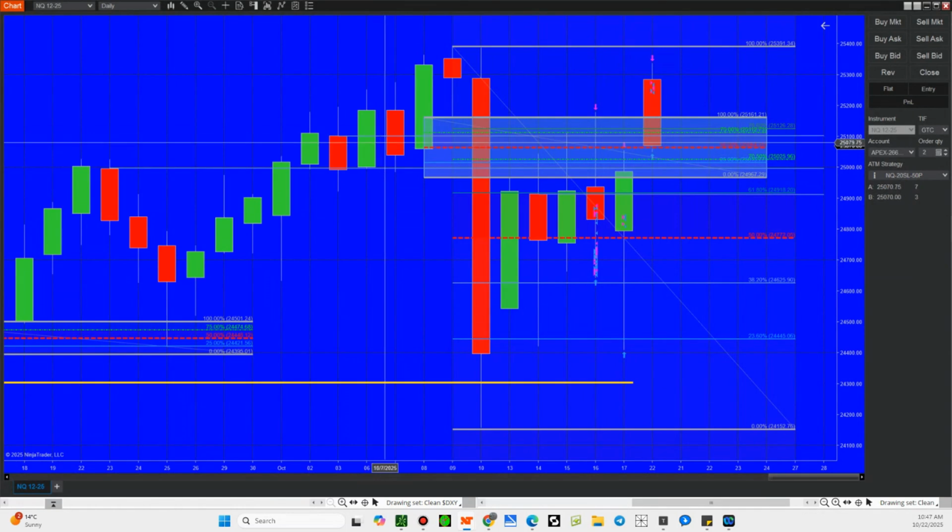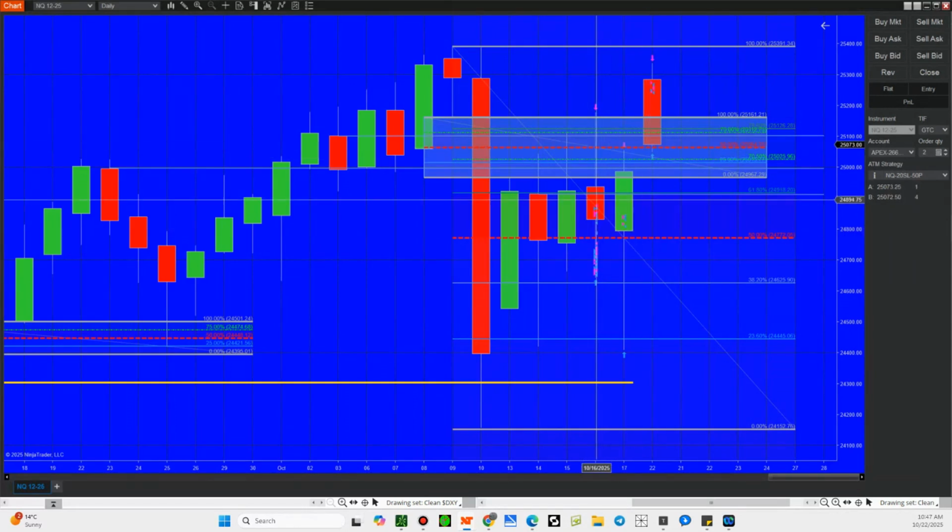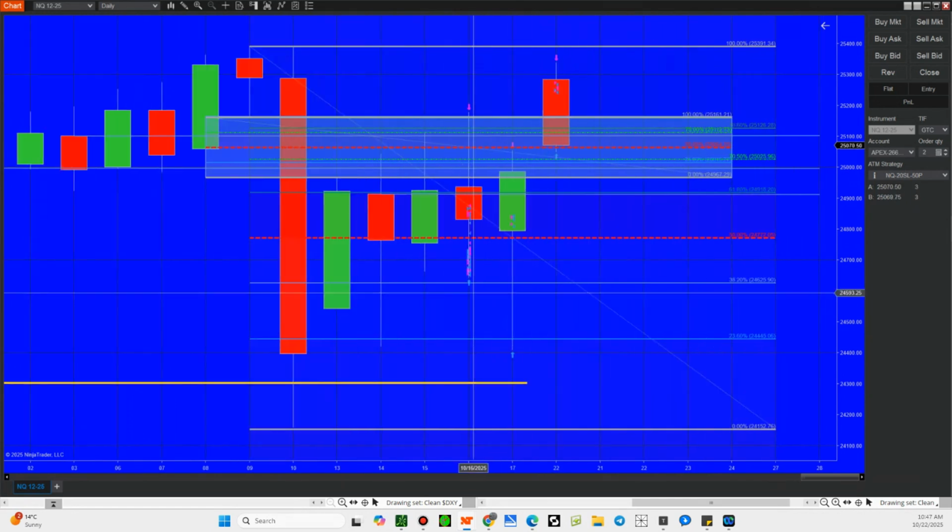See what I mentioned earlier? It was going to get into that 50% and take a pause. There you go, right here. It's taking the pause. And that gap right here, let's see, 10, 16. You see the middle of that gap, that 50%, that 50% here is also the 50% of this week right there.